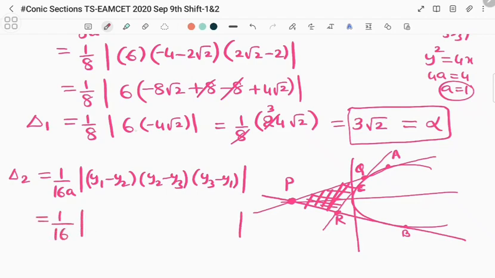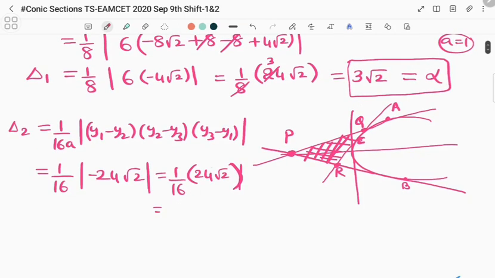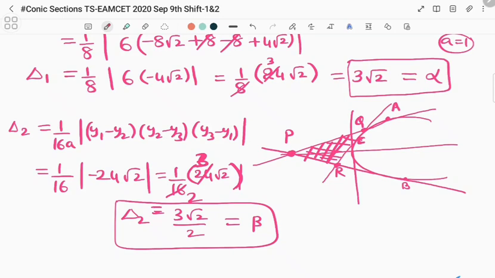This bracket value we got as minus 24 root 2, no. Within modulus it will become plus, 1 by 16 into 24 root 2. 16 and 24 are divisible by 8, so you will get 3 root 2 divided by 2. This is delta 2 and this is equal to beta also. This is the area of the triangle formed by the tangents at the points A, B, C respectively.